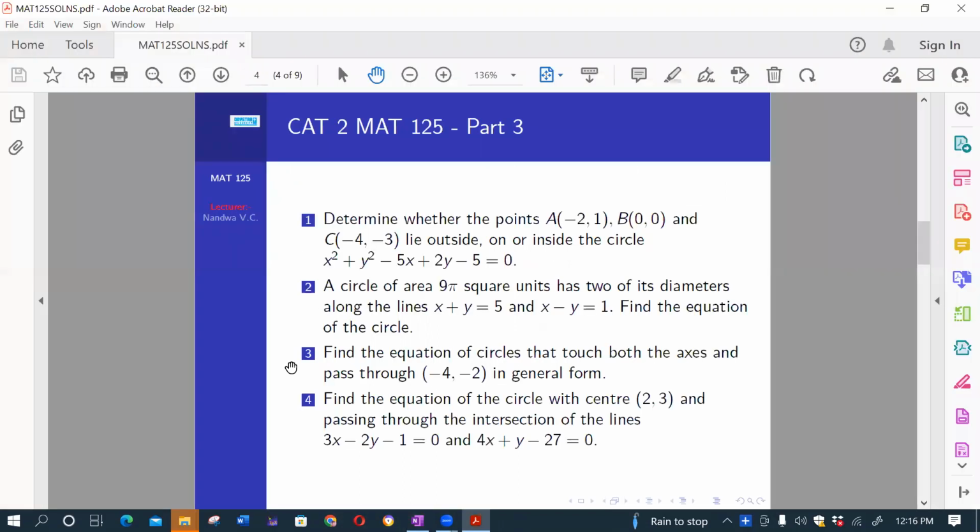Then lastly, find the equation of the circle with center (2, 3) and passing through the intersection of the lines 3x minus 2y minus 1 equals 0 and 4x plus y minus 27 equals 0.